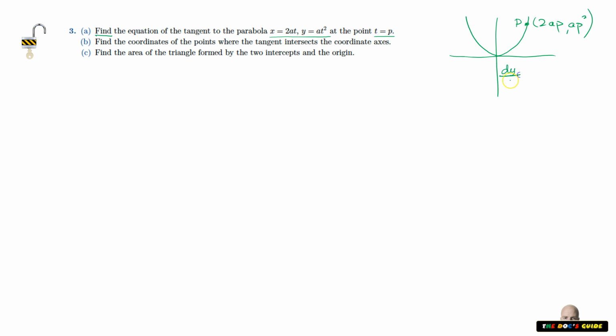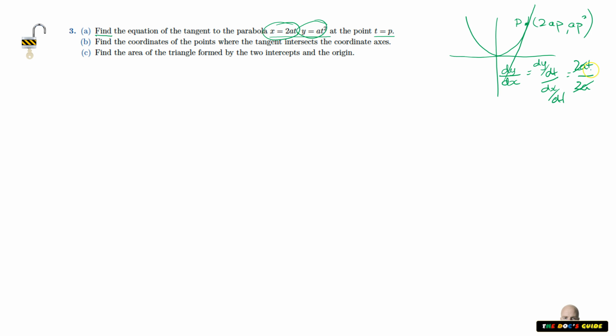So remember, we want the slope of the tangent, which is dy/dx, which will be dy/dt in this case over dx/dt. dy/dt means that we differentiate this and we get 2at. dx/dt, we differentiate this and we get 2a. 2a cancels out, and as expected, the slope of the curve, and therefore the tangent, at any point, sorry, is equal to the value of the parameter.